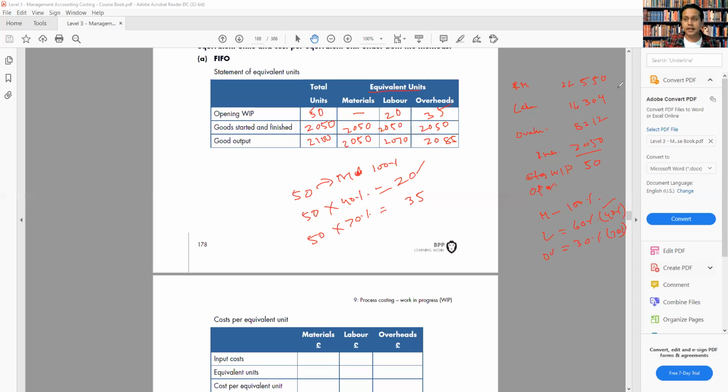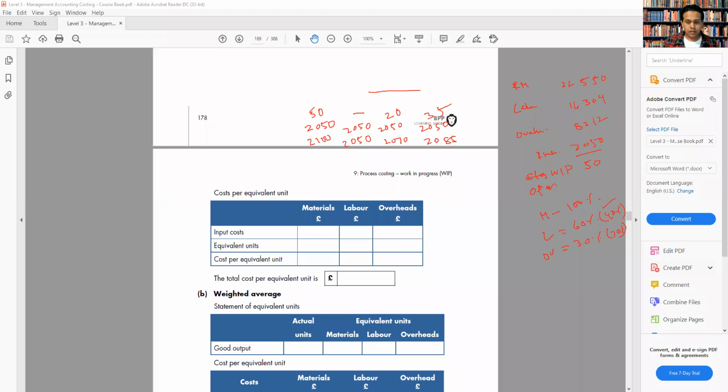So this is basically the equivalent unit. Now we have to identify the cost per equivalent unit. So let's go down to the next box and try to find it. First we need to identify the input cost from the quotient. For the material it is 22,550. For the labor 16,304.